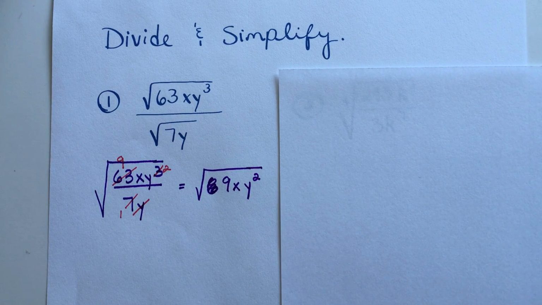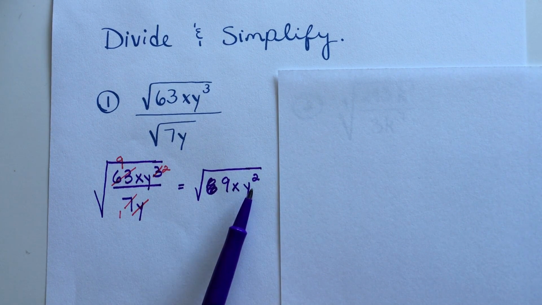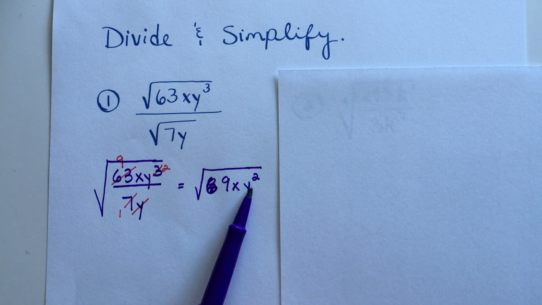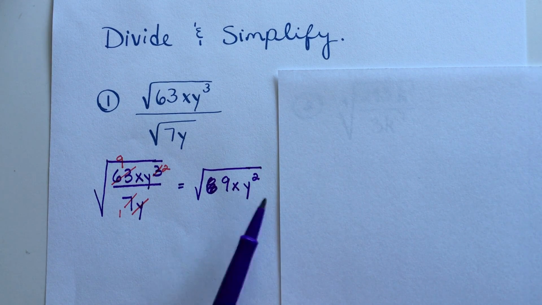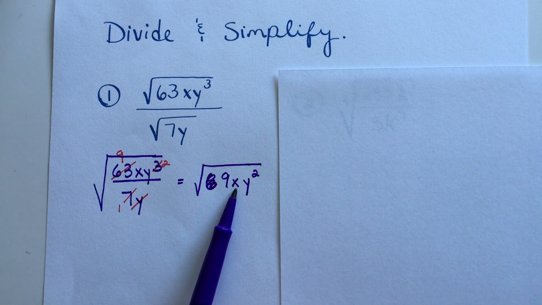So it says to divide and then simplify. So the simplifying you do here is actually exactly the same thing that I just finished teaching you how to do. If you look at your list of perfect squares, 9 is already a perfect square. This being to the second power is already a perfect square. And of course, since this is below a 2, there's not going to be anything you can do with this.